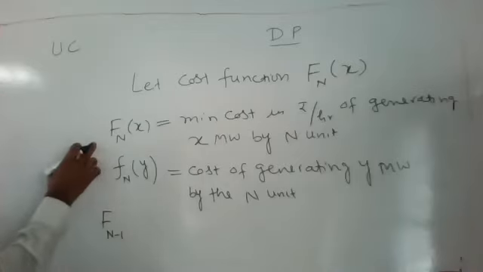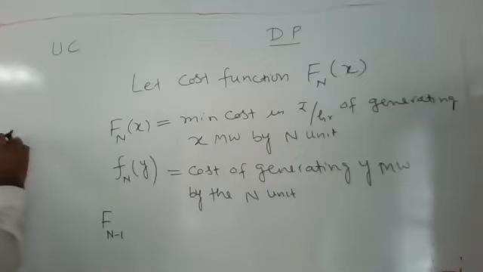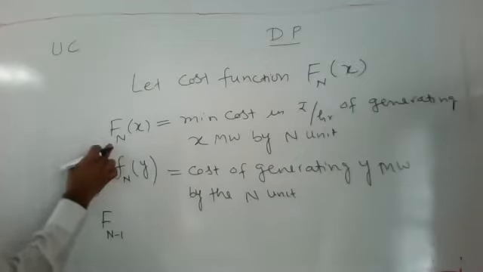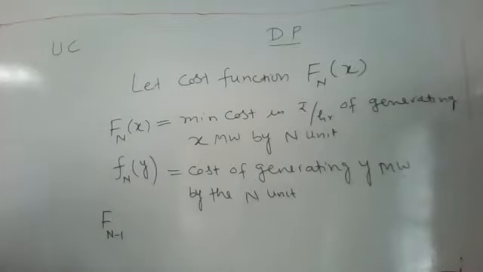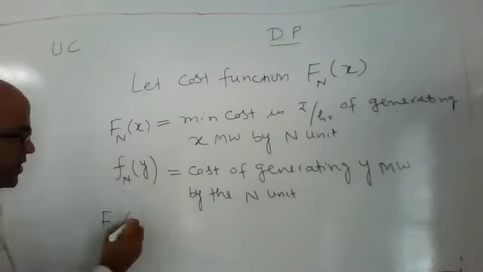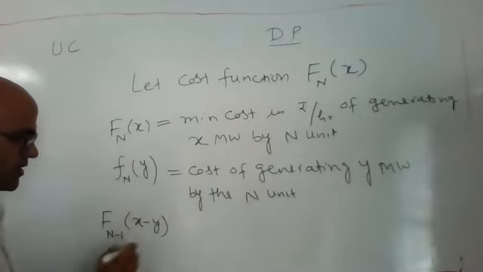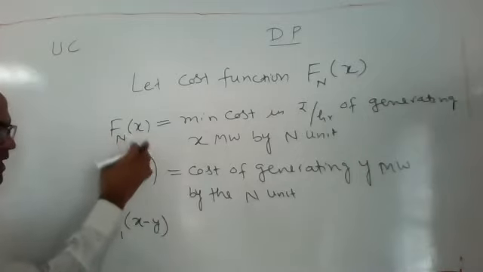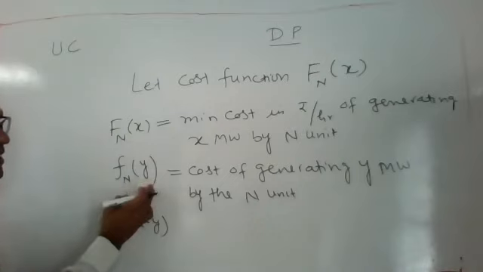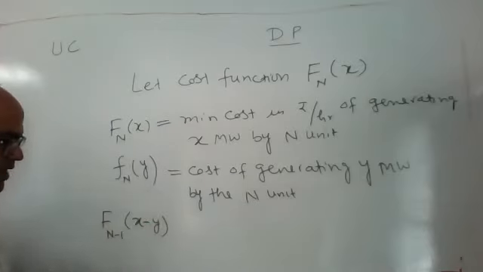Before this unit we have the n minus 1 unit. You know the generators are connected 1 to n. So before this we have the n minus 1th unit. So how much power will it have? Here x is the power of the nth unit and previous units have x minus y. Here y is the nth unit power and this is arbitrary power. x is a fixed power, the minimum power. y is arbitrary, so I am subtracting it, then I am getting the previous unit power.